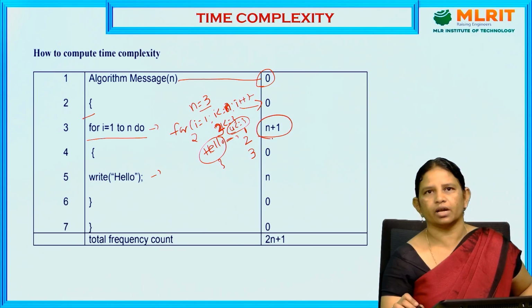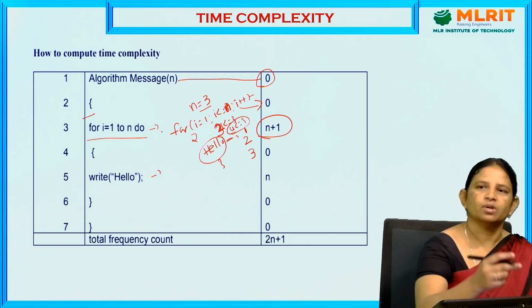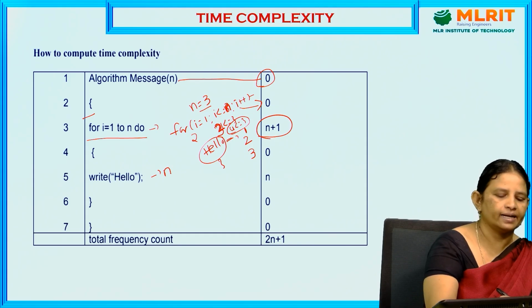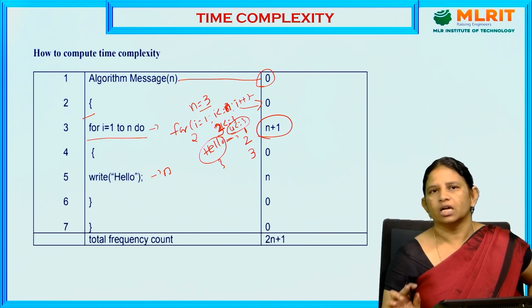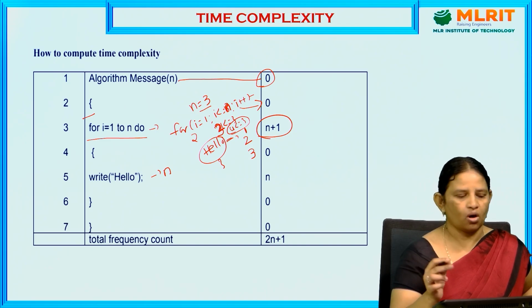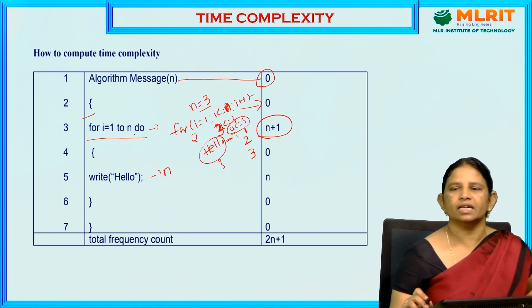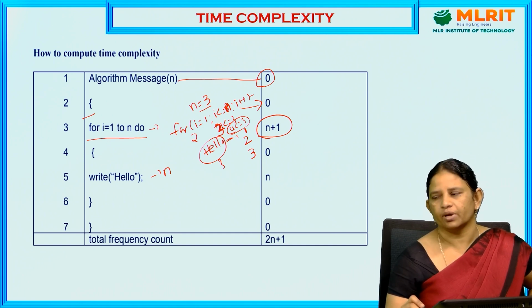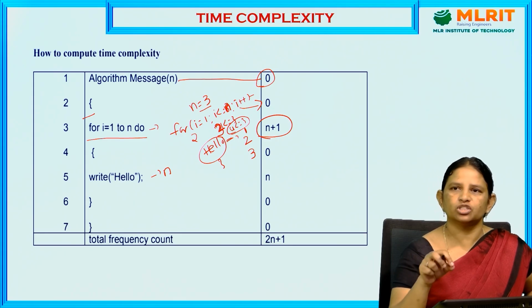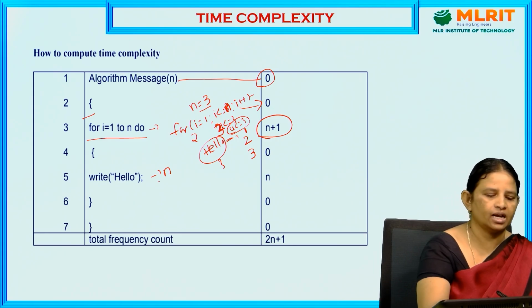If it is n plus 1 times, the statements written inside the body are executed n times. That is the default. If for i equal to 1 to n is repeated n plus 1 times, the statements written inside the body are repeated n times.